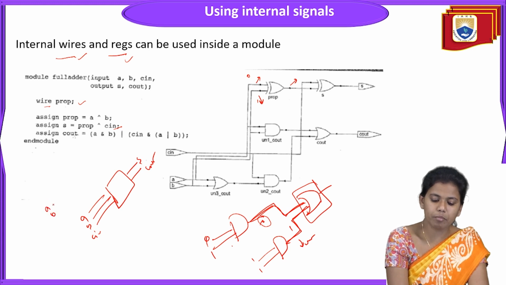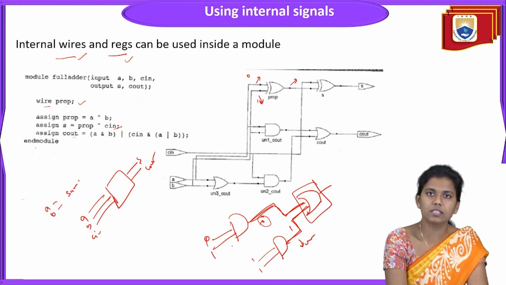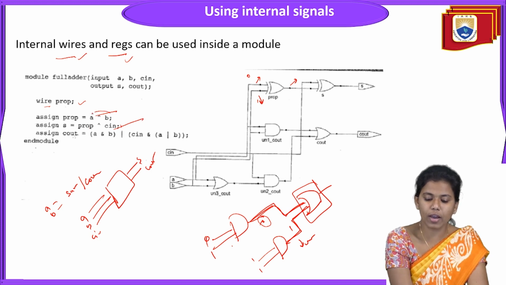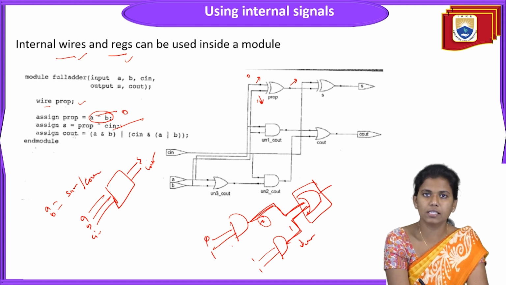When you add A and B, you will get the sum as well as the carry. So I'm assigning A and B, and then for C in, whatever data you get when you add A and B, as well as the C in, that is one more input.